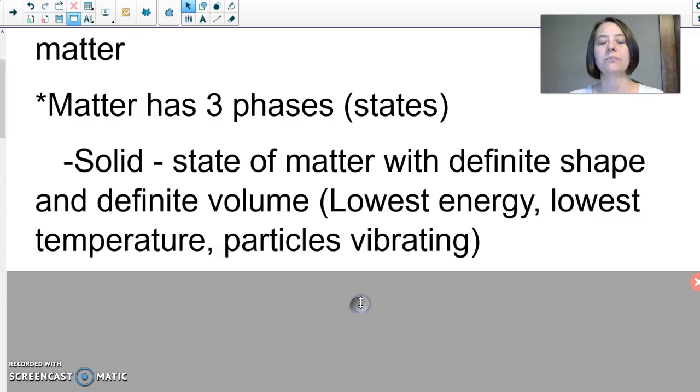So solid. This is the state of matter with a definite shape and a definite volume. It's going to have the lowest energy, lowest temperature, and those particles are stuck in relation to each other, and they're just kind of vibrating in place.